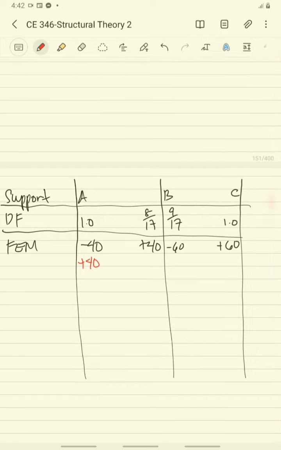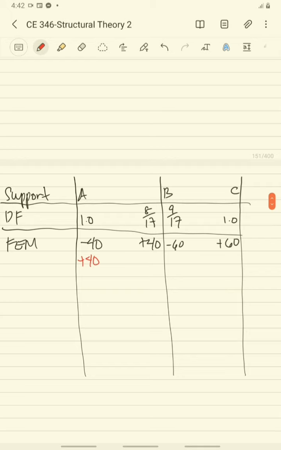Then we will distribute it using the distribution factor. So you have positive 20 times 8 divided by 17, that is 9.412. So we will use at least 3 decimal places. We also have positive 20 times 9 divided by 17.